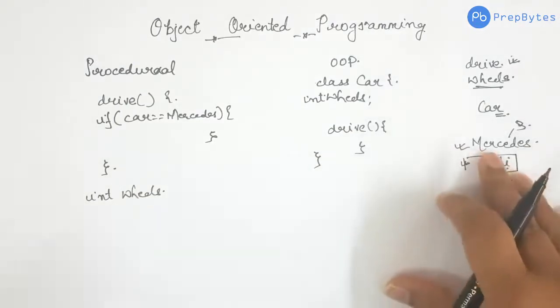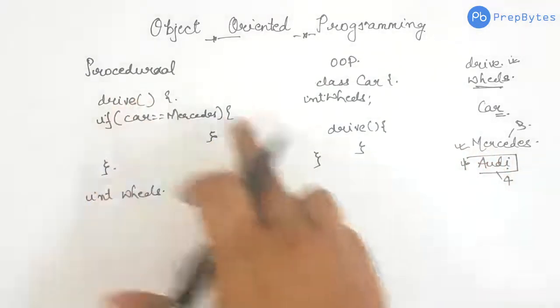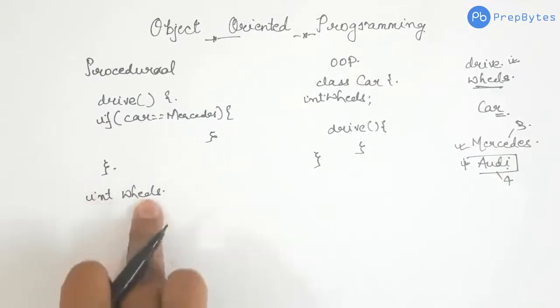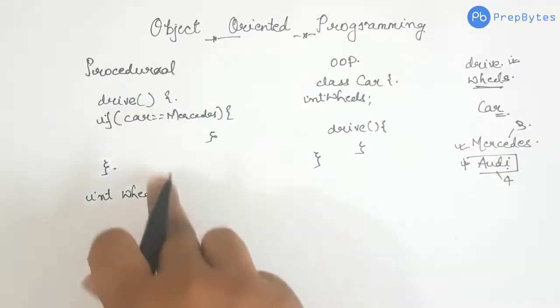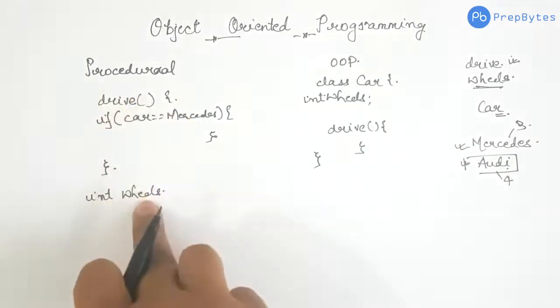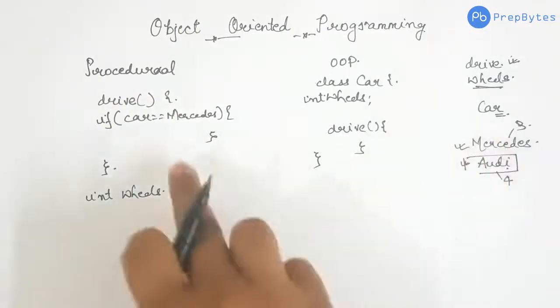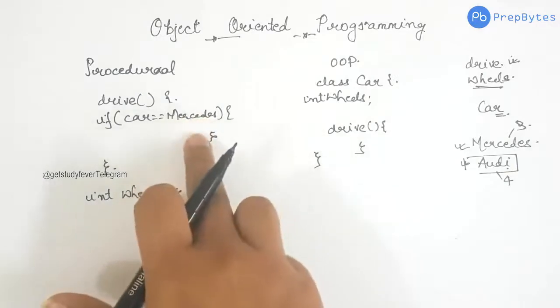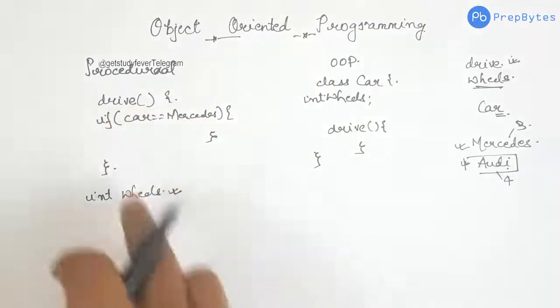Let's say we are asked to just write a drive function for Mercedes. I will have a global data wheels and a function drive, and based on what car we are talking about, this value changes and the set of lines changes for drive.